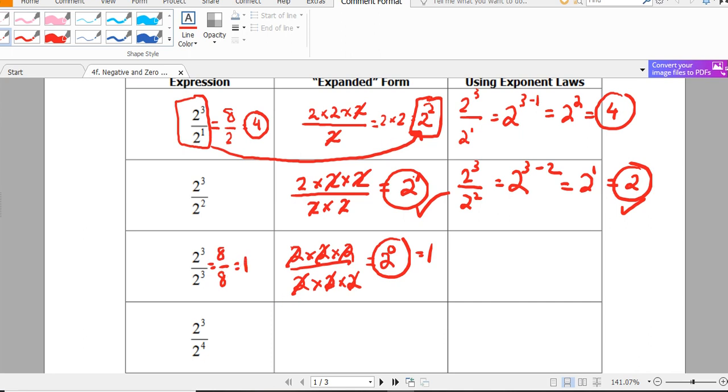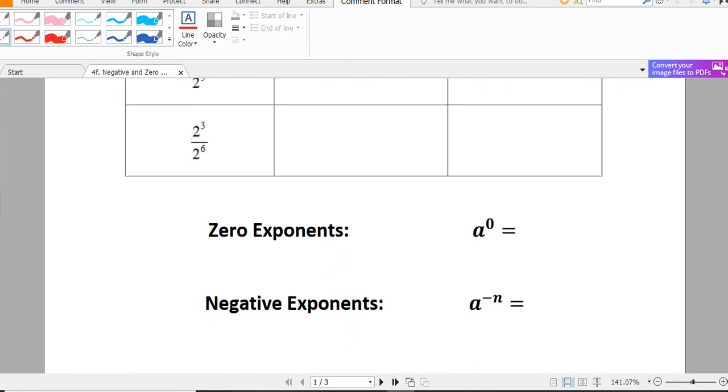Okay, so if I can generalize that case, I'm going to move this down for a second. So 0 exponents. A, any number. So I'm just going to point at this. Any number to the exponent of 0 will give you 1 all the time. Okay, so let's just go back here.